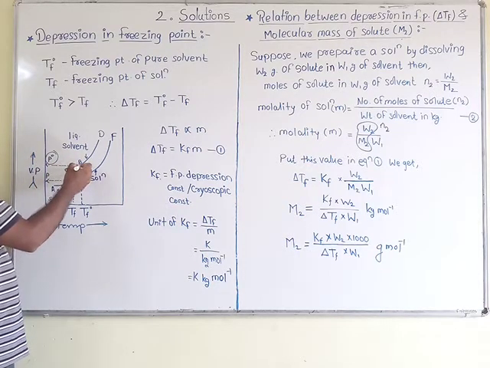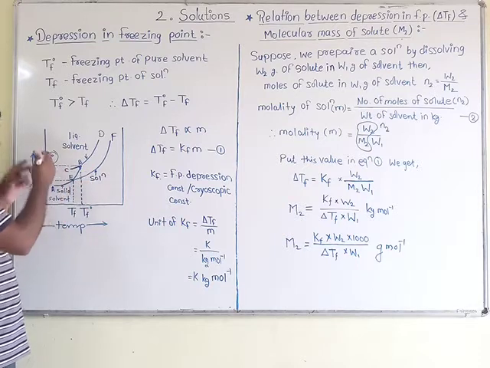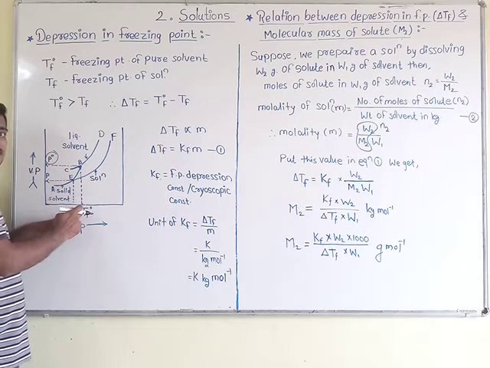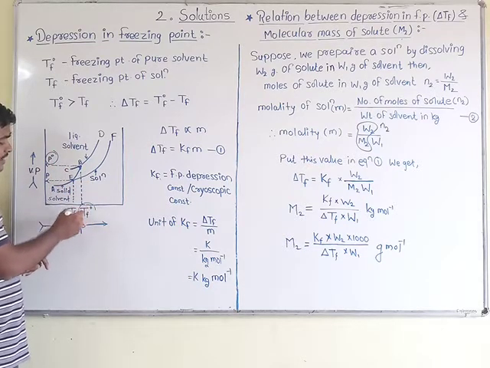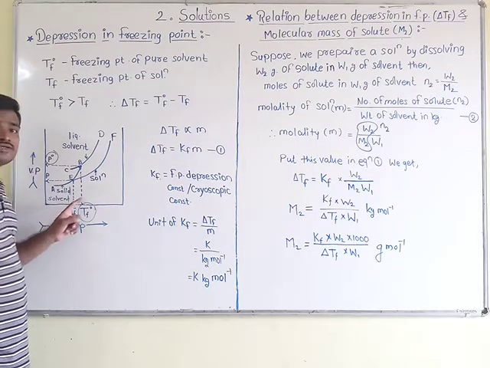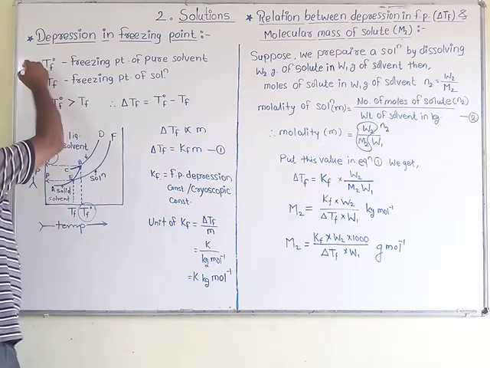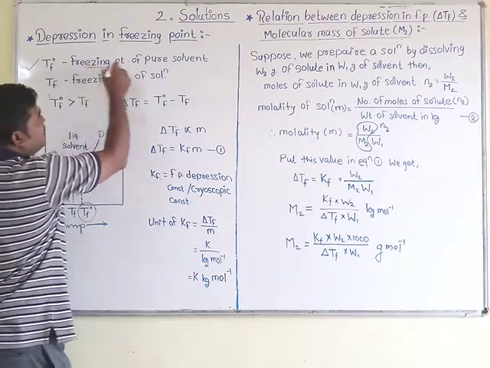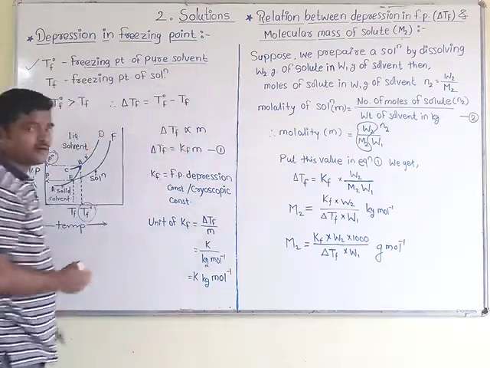And if I plot a dotted line parallel to the y-axis on the x-axis, then we get T0F. And this T0F is nothing but the freezing point of the pure solvent.